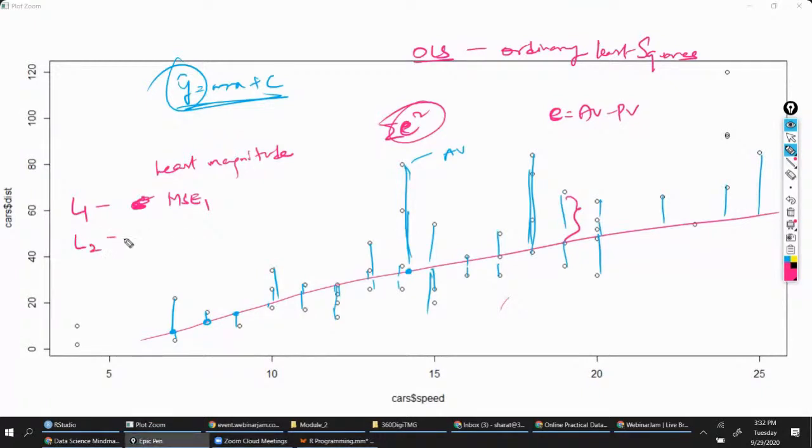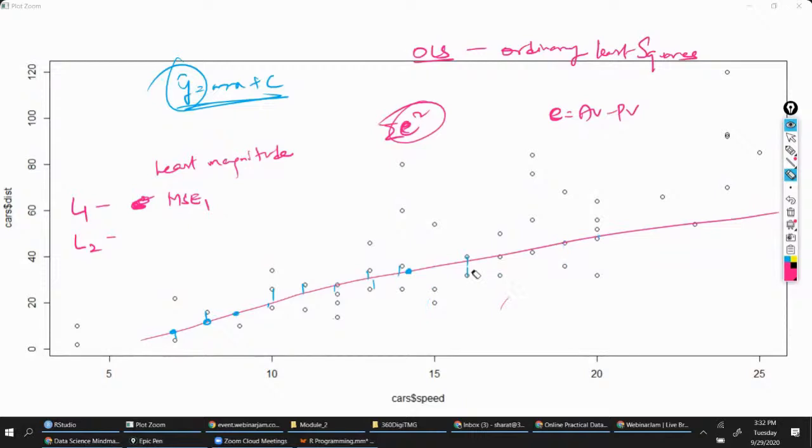We take line 2. Let's say line 2 is passing through the data like this. Again, we're talking about another line. Let me draw that second one. Let me change the color. Let's say this is another line that I'm drawing.